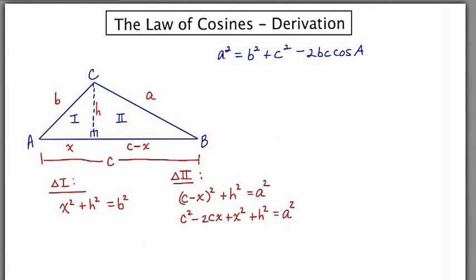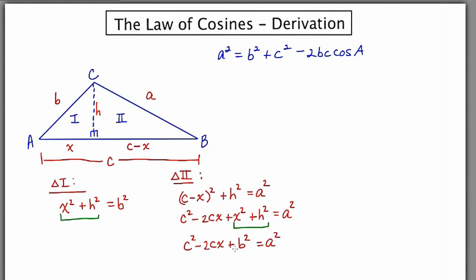Now, there's an observation to make: in this portion of our answer, we've got x squared plus h squared, which is exactly what I have over here. So I can substitute b squared in place of x squared plus h squared. In doing that, I get c squared minus 2cx plus b squared is equal to a squared.